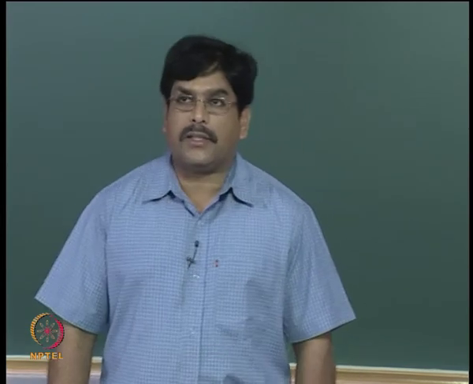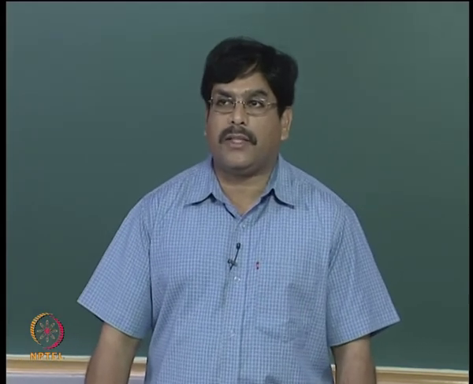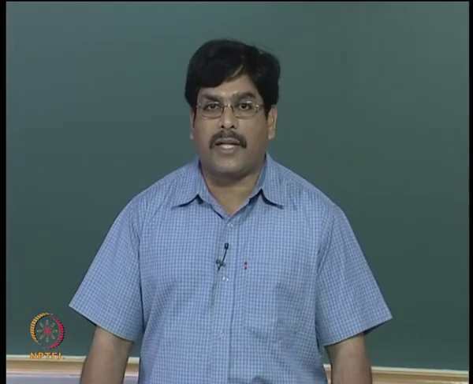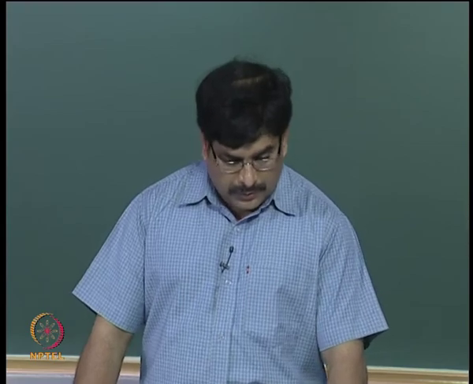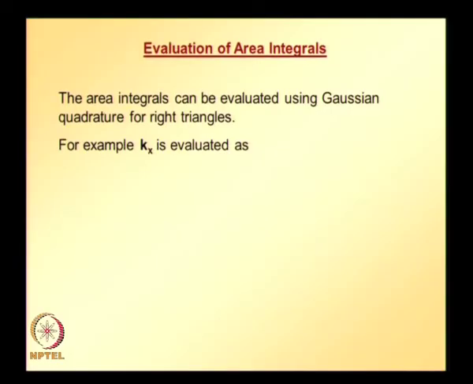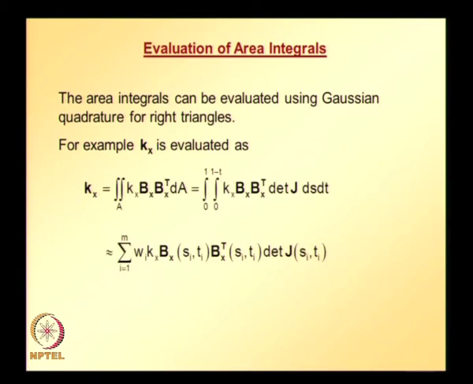Evaluation of area integrals can be done using Gaussian quadrature for right triangles. For example, kx is evaluated as follows. The only thing is, since we are dealing with triangle elements, the limits of integration for s go from 0 to 1 minus t, and for t from 0 to 1.